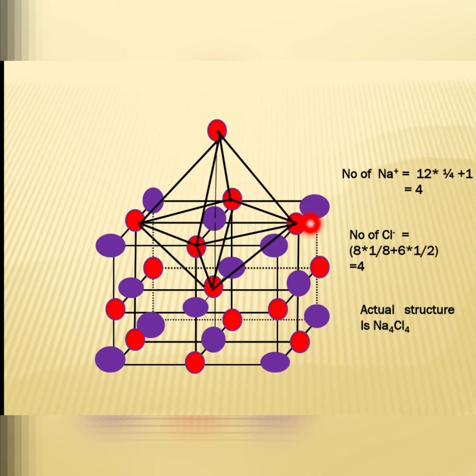If we say that Na plus ions form the FCC lattice, then the Cl minus ion is placed in the octahedral void. So the coordination number of the Cl minus ion is also 6. Here the FCC lattice can be formed by either the Na plus ion or the Cl minus ion. This is the beauty of this structure.